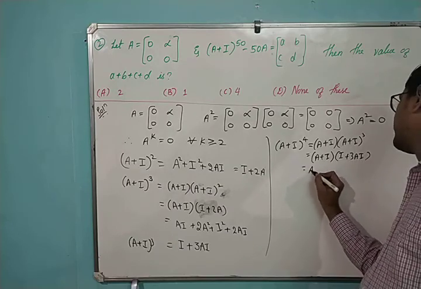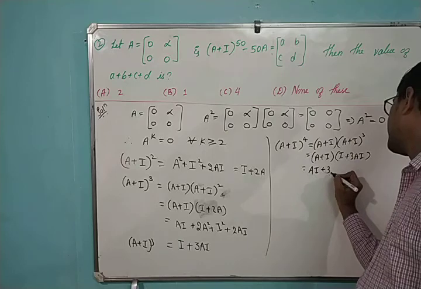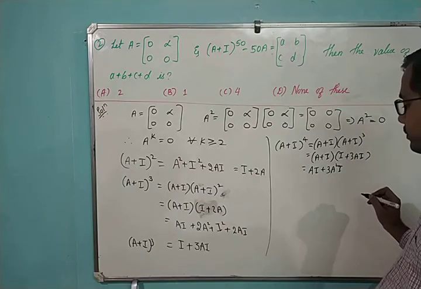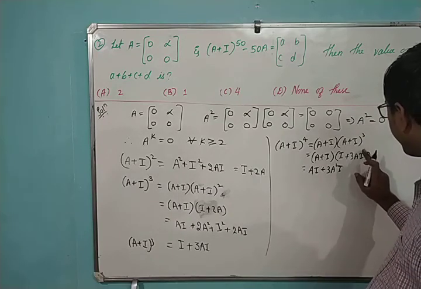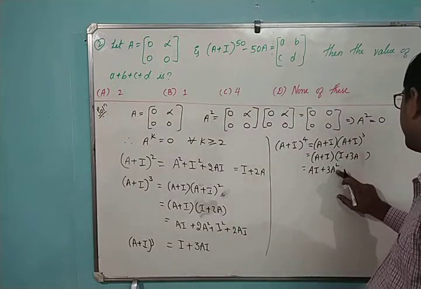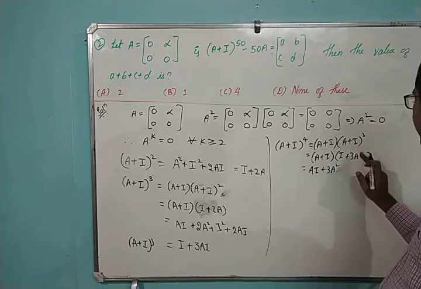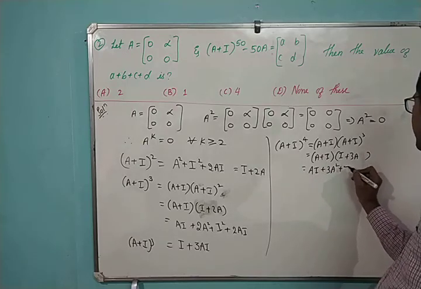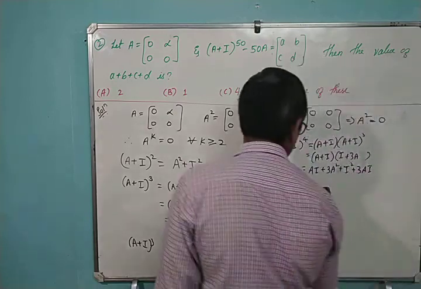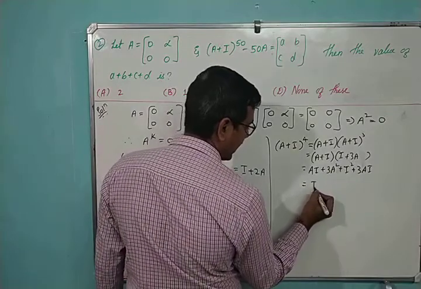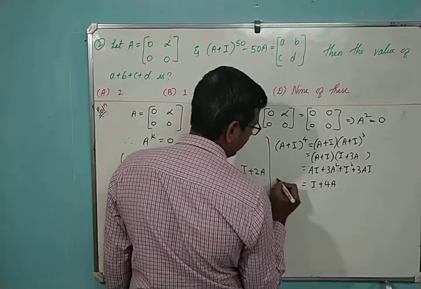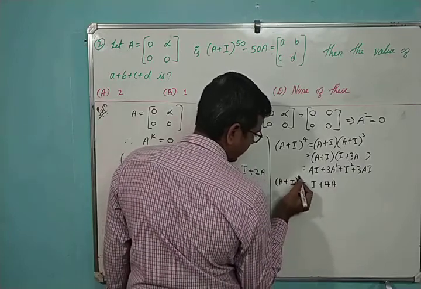Once again, this will be AI plus 3A square plus I square plus 3AI. 3A square is 0, I square is I, and 3AI plus AI is 4AI, so this is I plus 4A.